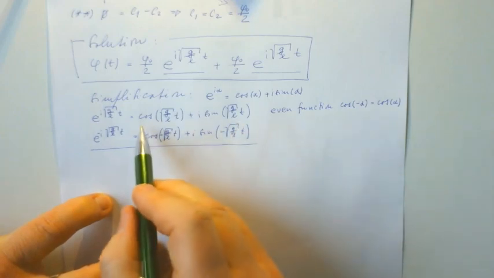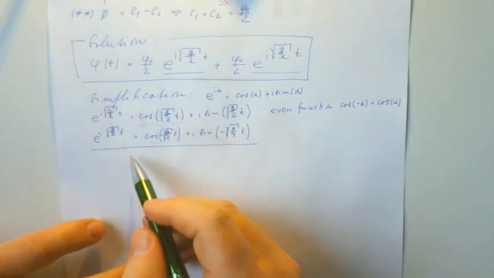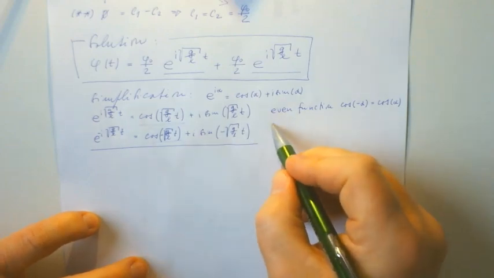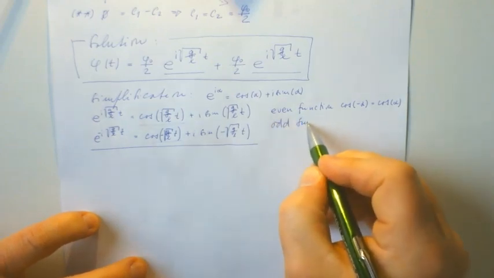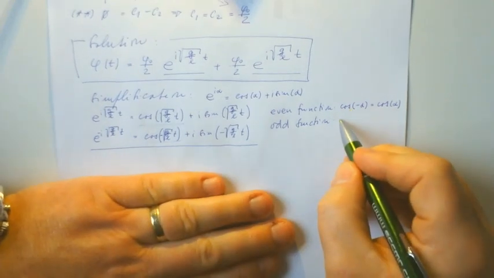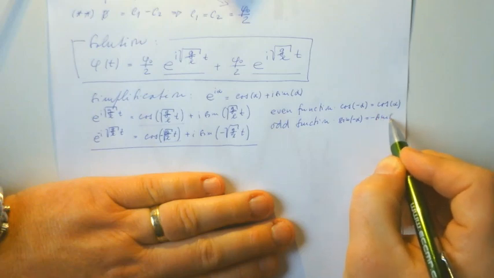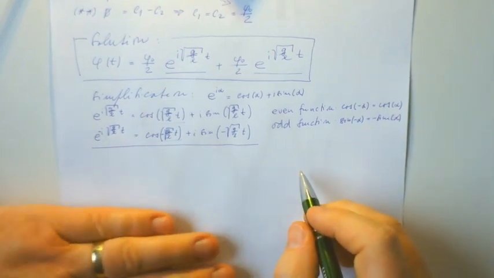So these two terms are the same. And if we have an odd function, sine of minus alpha is minus sine alpha.